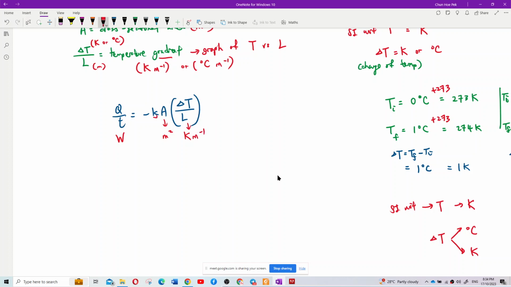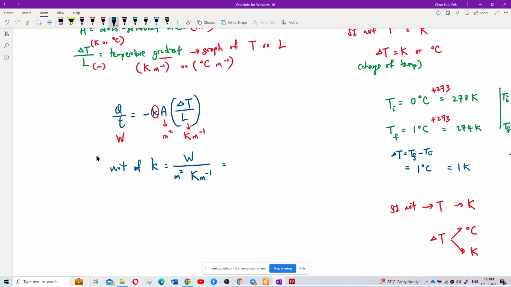So what's the unit for K? It's easy, right? All the rest go to the other side, so we divide. It becomes watt per meter square, and then Kelvin per meter.